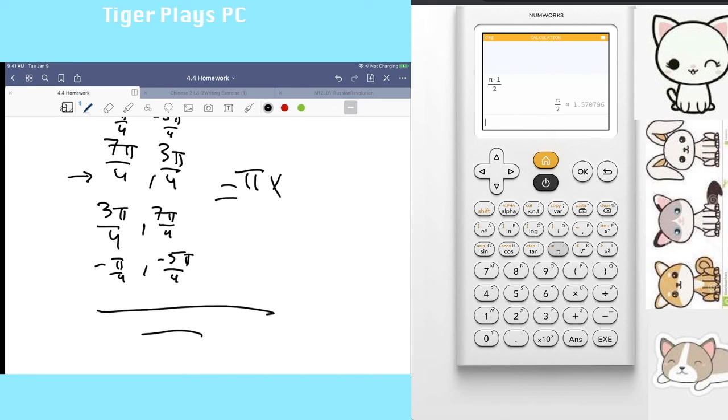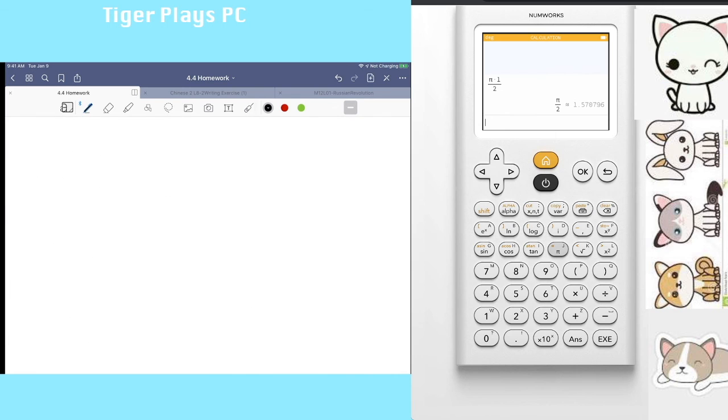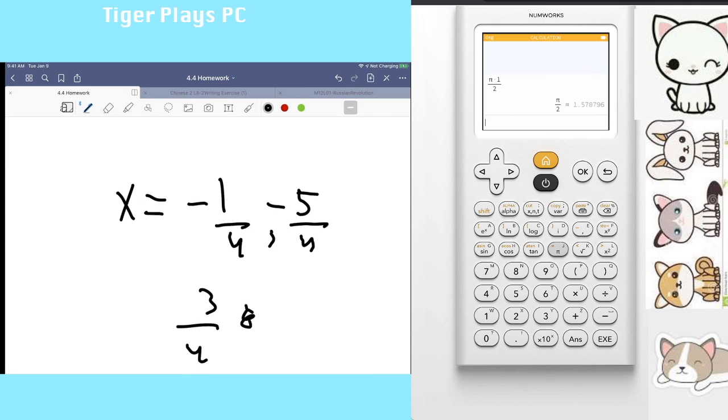So divide each one by pi. And you can see all the pi cancel out. So our final 4 answers are x equals negative 1/4... Oh, this is 1/4, my bad. This is negative 5/4, this is 3 over 4, and this is 7 over 4.